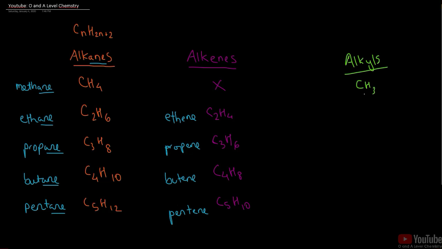So this CH3, it's going to be called a methyl group, because again, notice that the yl suffix tells you what kind of stuff it is. Here ane and here ene. So methyl is going to be 1 hydrogen less than methane.